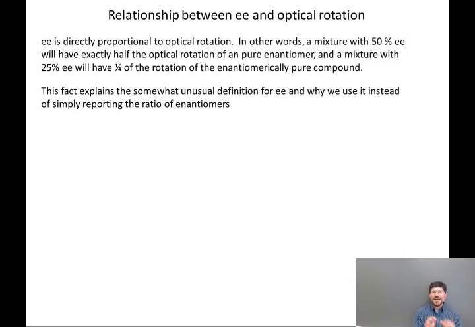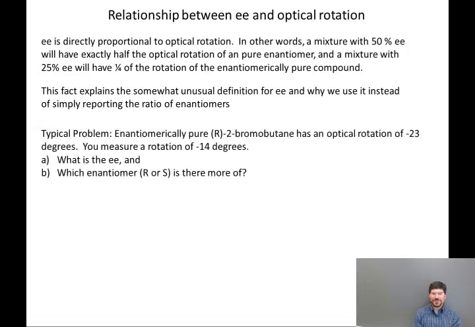In other words, a mixture with 50% EE will have exactly half of the optical rotation of a pure enantiomer, and a mixture with 25% EE will have 1/4 of the rotation of the enantiomerically pure compound, or half the rotation of the 50% EE compound. So that's why we use this definition of EE instead of simply reporting the ratio of the enantiomers.